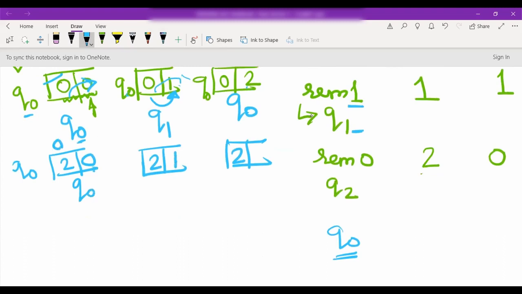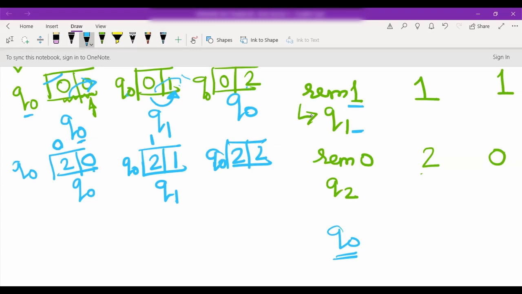Now Q0 with the next bit as 1, which is generating the number 7. When number 7 is divided by 2, it leaves the remainder 1. Remainder 1 is represented by the state Q1 with the output 1. Now Q0 with the next bit as 2 is generating the number 8.